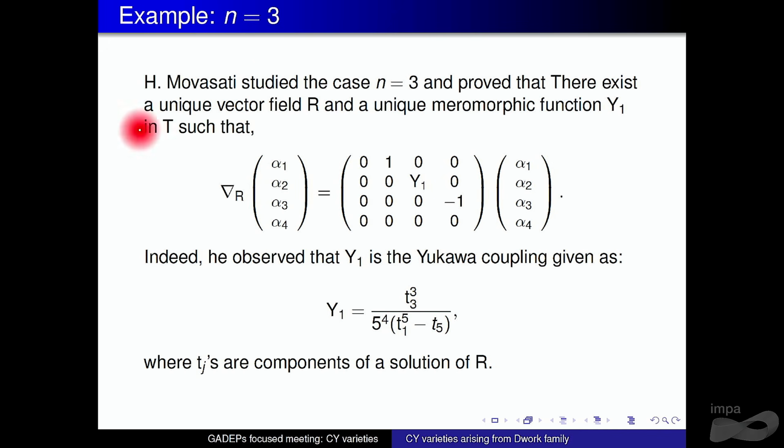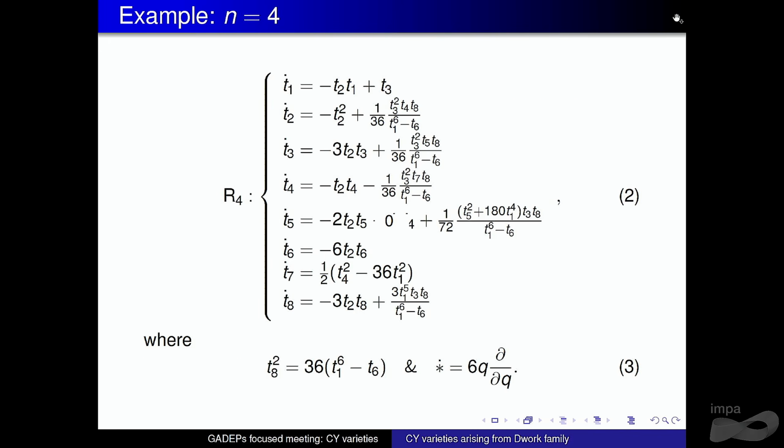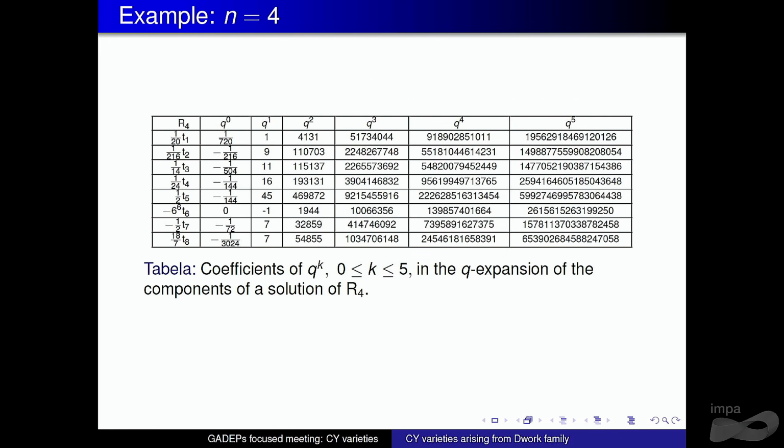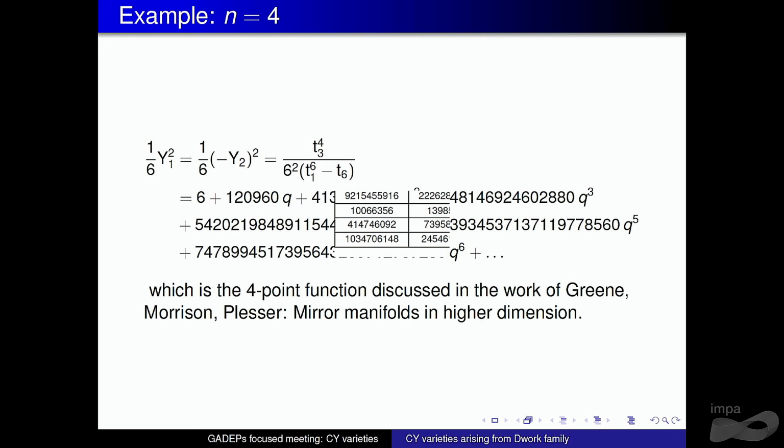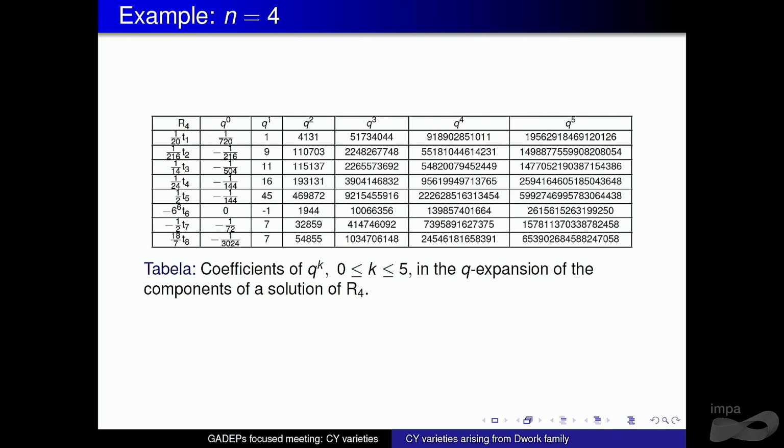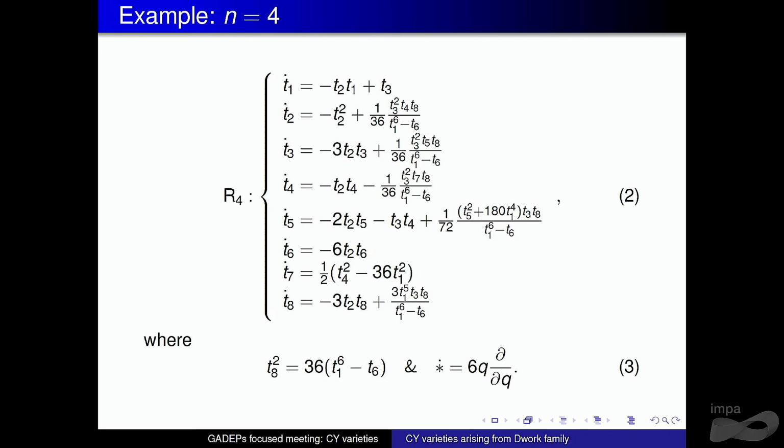Why? Because he's finding the solution of the R. Let's say, in the case of n equals to 4, if we consider the vector field as a system, we can consider it as this system.